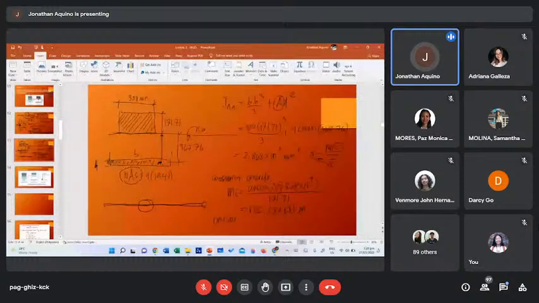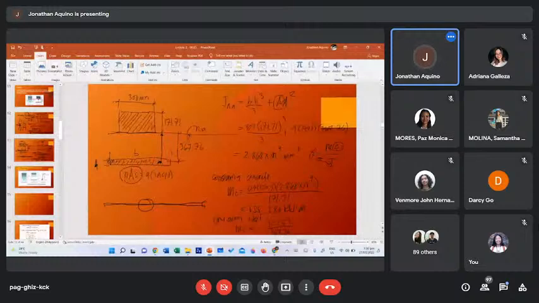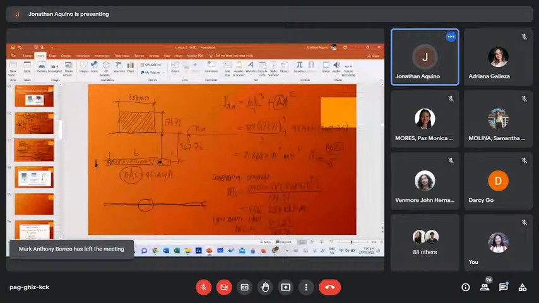Then considering steel, the moment capacity is simply Ms equal to Fs times I divided by y. So yung y natin dito is 367.76 millimeter. But in determining for I, ang ginamit natin is convert natin yung steel into equivalent area of concrete.